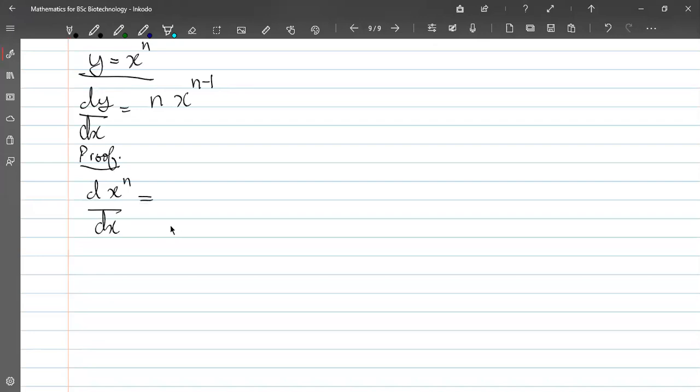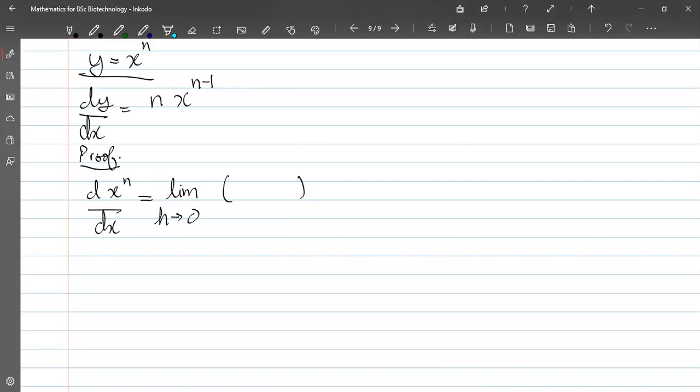So, this is equal to limit h approaches 0. Now what is the function here?